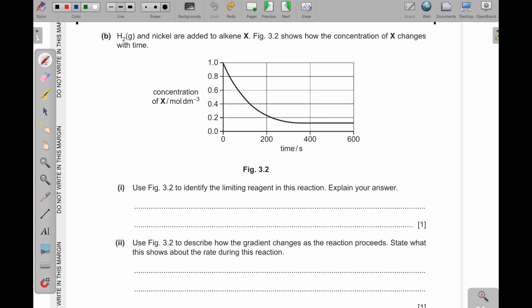Now, Roman 1, they are saying use this figure to identify the limiting reagent in this reaction. This has to be hydrogen, hydrogen gas. Why? At the end of the reaction, there is some concentration of X at the end of the reaction.